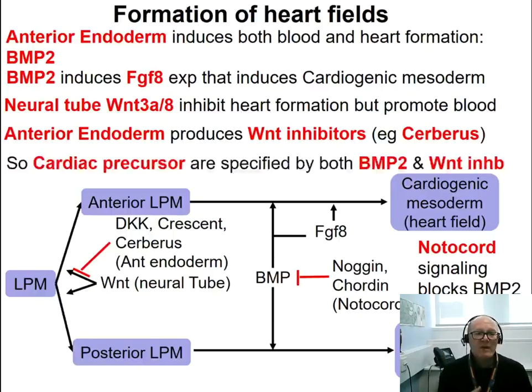So it is this block of Wnt signaling that is important, as well as the expression of BMP, for the formation of the cardiogenic mesoderm in the anterior position.